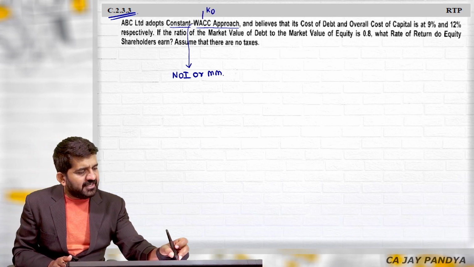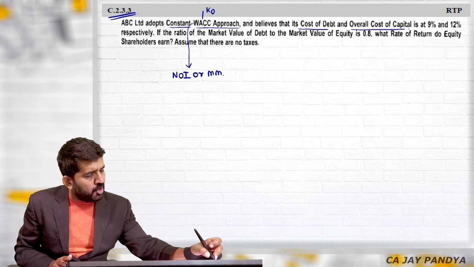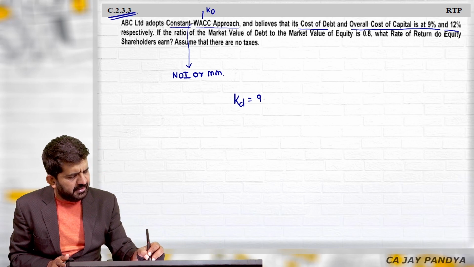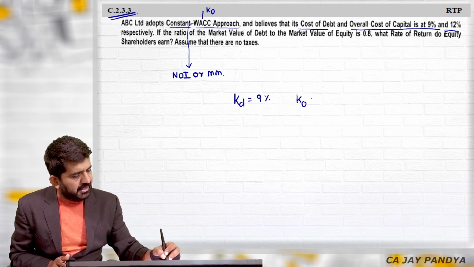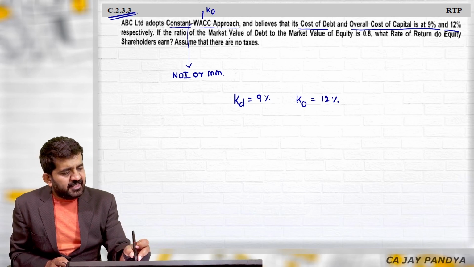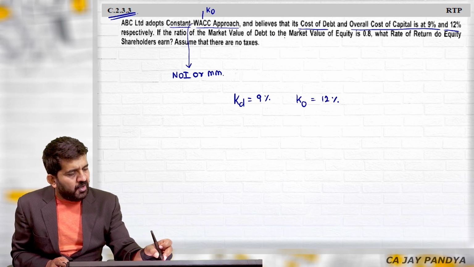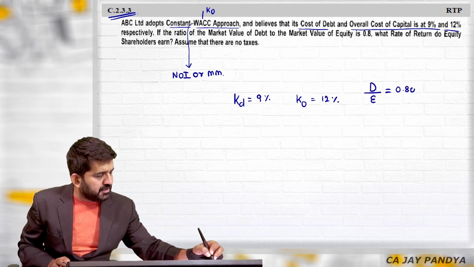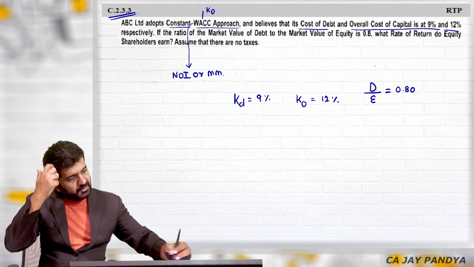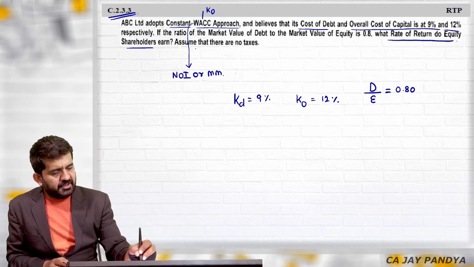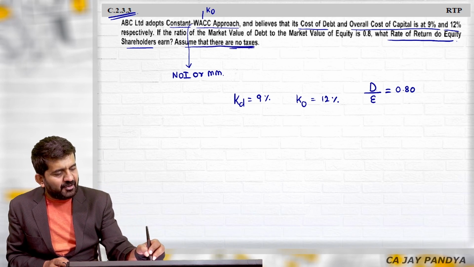And it believes that its cost of debt and overall cost of capital are 9% and 12%: KD is 9% and KO is 12%. If the ratio of market value of debt to market value of equity, so debt upon equity, is 0.80, what rate of return do equity shareholders earn? Assume there are no taxes.